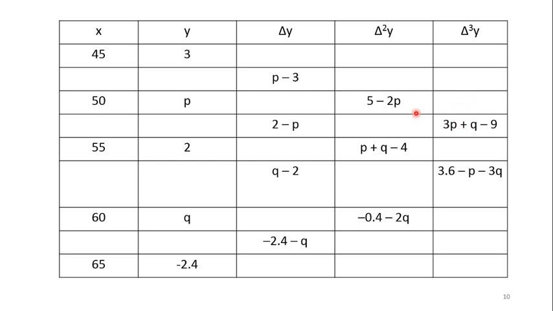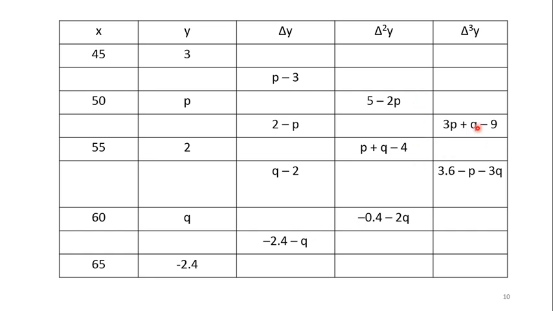Then continue to calculate the next differences: 2 minus p plus 3 is 5 minus 2p, q minus 2 plus p is p plus q minus 4, then the difference of the last two gives minus 0.4 minus 2q.